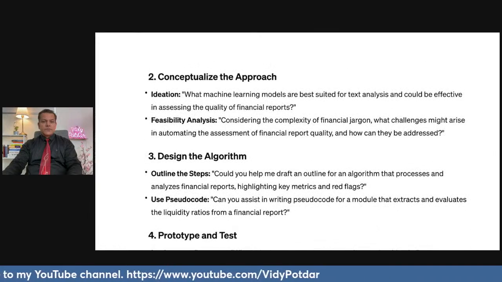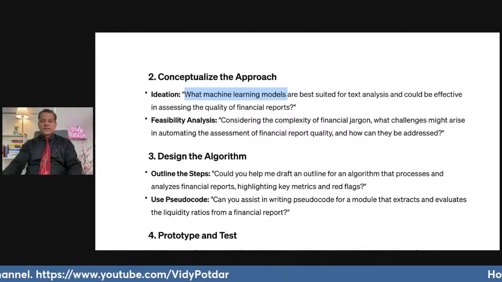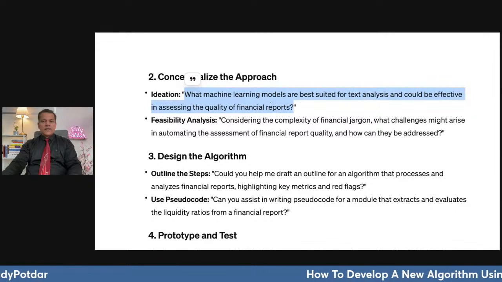Now ideation. What machine learning models are best suited for text analysis and could be effective in assessing the quality of financial reports?